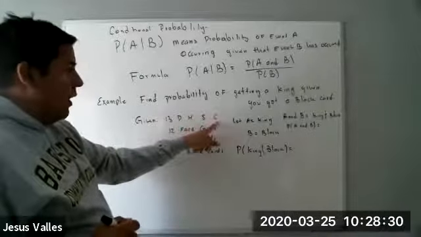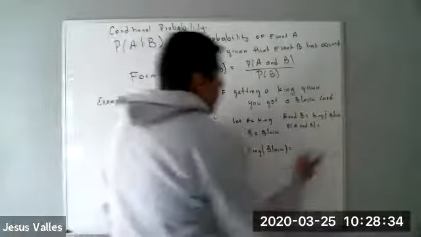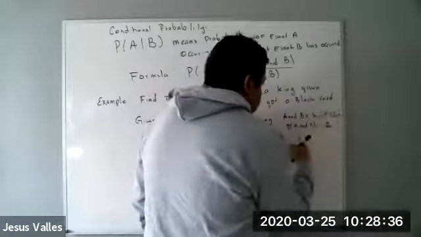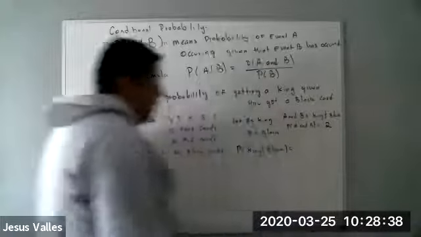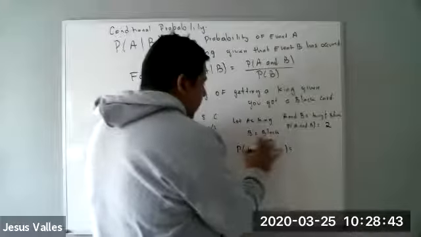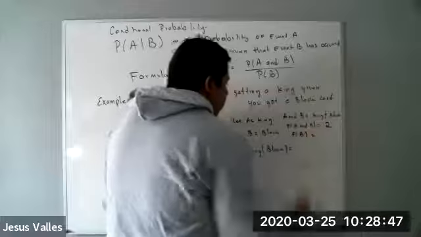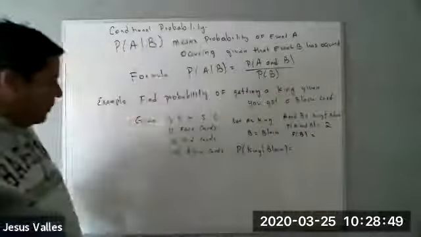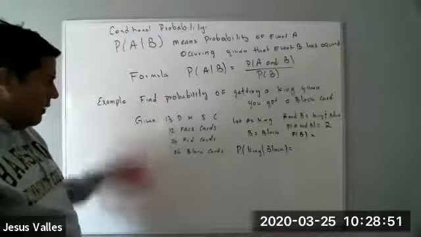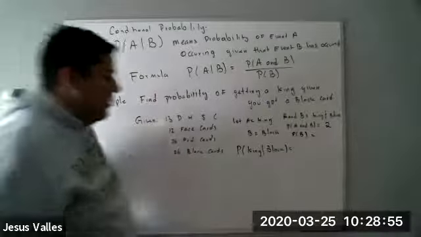So in total, I only have 2 black king cards. So when I find the probability of A and B, which is a king and black, there's only 2. And then for black cards, how many black cards in total do we have? Well, let's go back to our list and we say, 26. So we don't even have to think about it. It's right there.